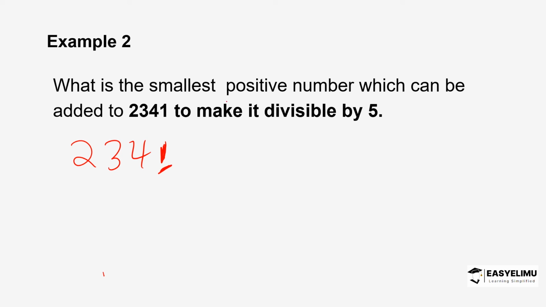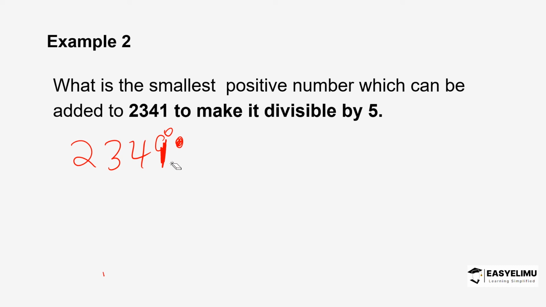Remember, positive meaning some number needs to be added to this last digit. So if you had something like 9, you'd have desired to make it a 0 because the last digit can either be a 0 or a 5.